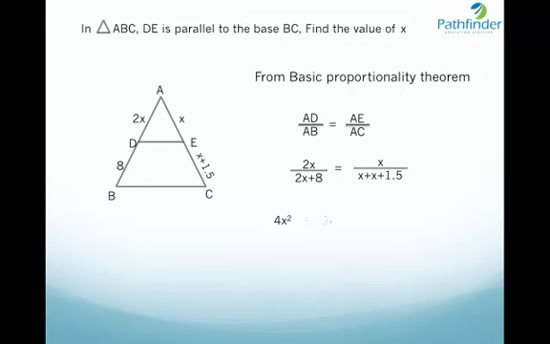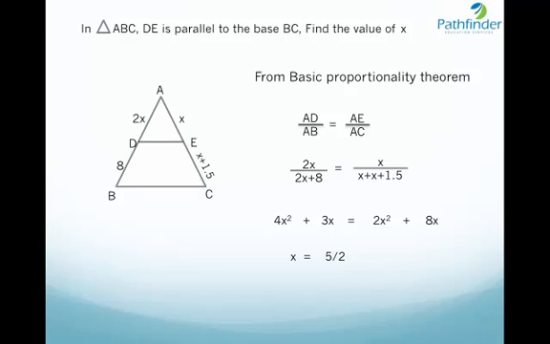On simplifying this equation, we have 4x square plus 3x is equal to 2x square plus 8x. And on solving this equation for x, we get the value of x as 5 by 2. So we saw how we can use basic proportionality to solve questions like these.